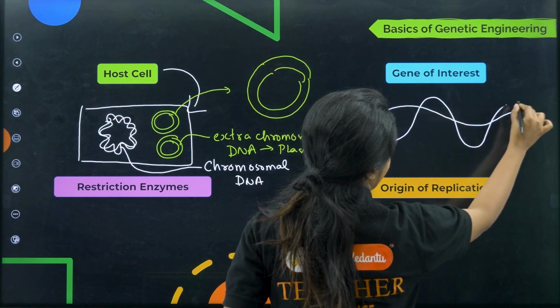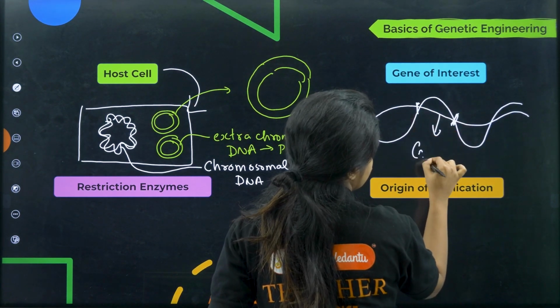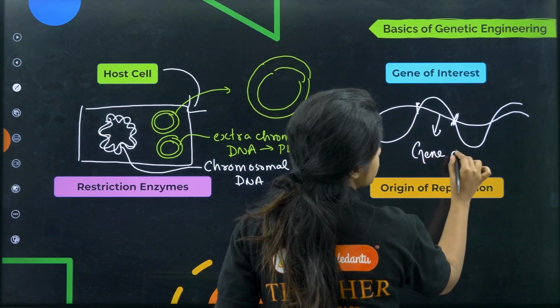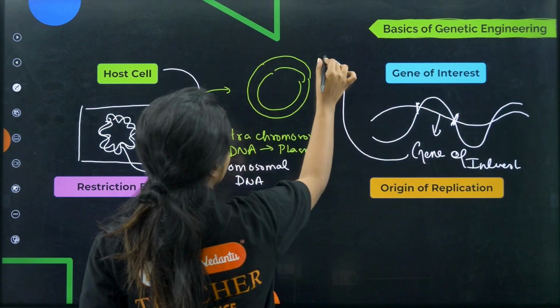So this is the DNA that I have, and over here I have this segment of the DNA known as a gene, and this is my gene of interest which I want to put over here.